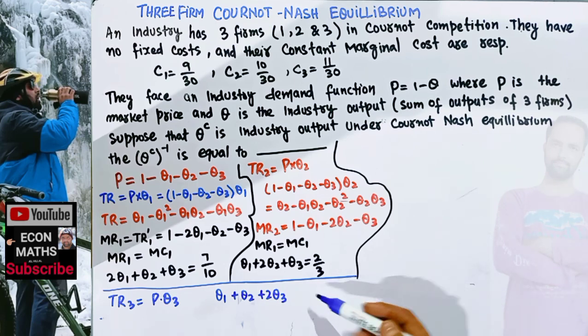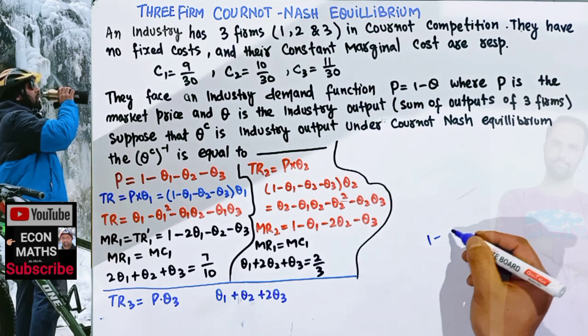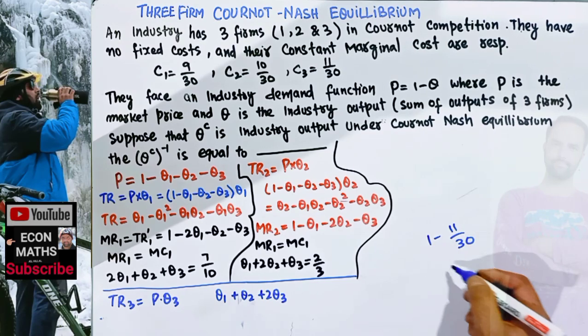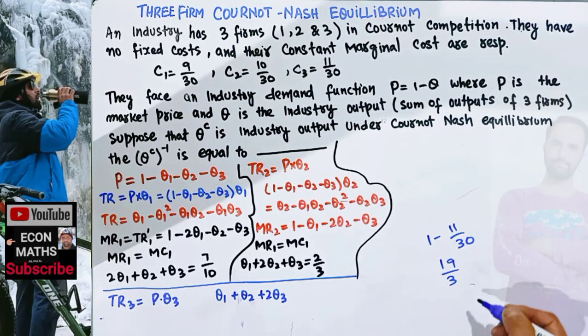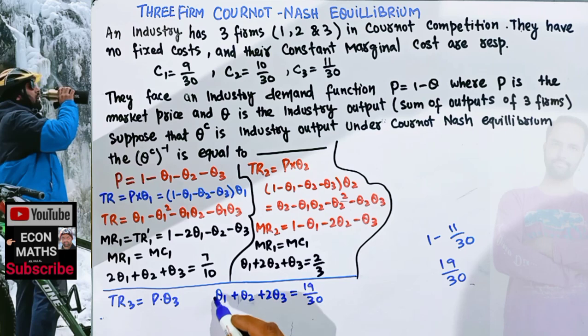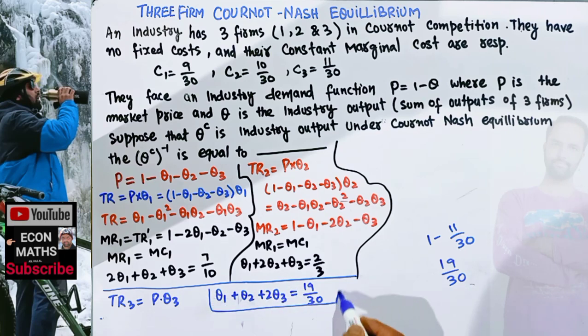Okay, we have 1 minus 11 upon 30. So this comes out to be 3 divided by 30. So you will get this equation, 19 divided by 30, when you solve for Q3. Now we have 3 equations with 3 unknowns.